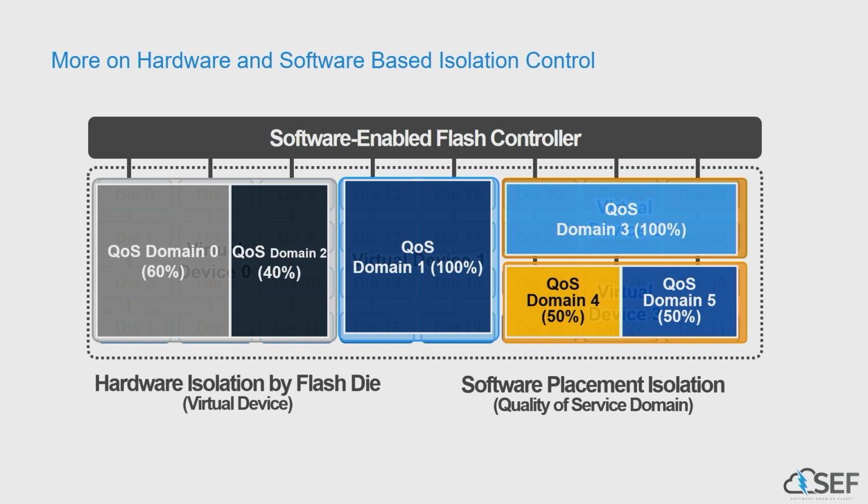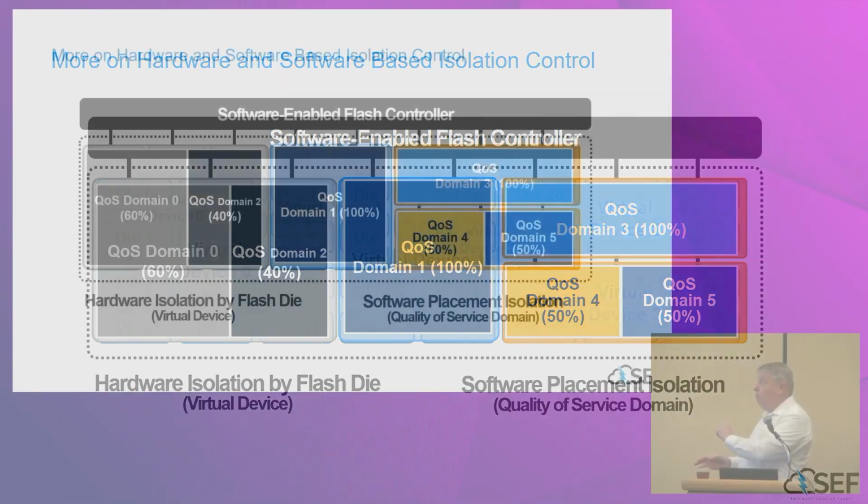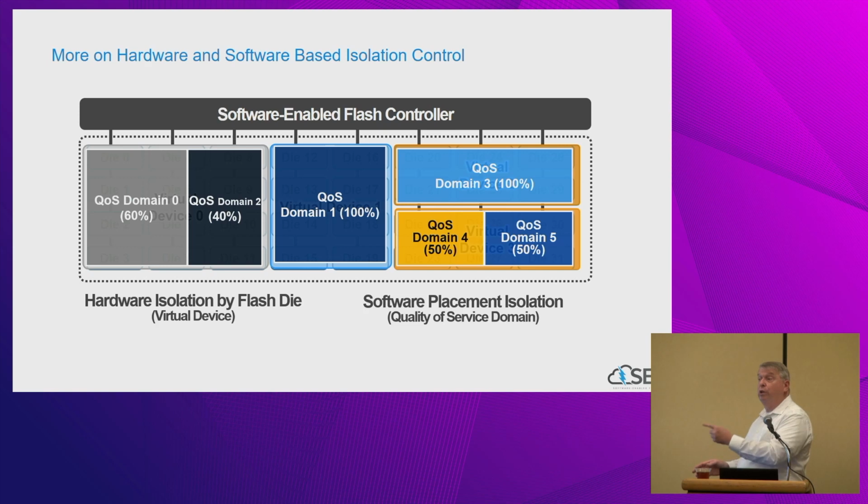It pulls it from the pool available to both QoS domain 4 and 5, but once it's been given to QoS domain 4, only 4 can use it. Once you've actually said, I'm done with that data, and release it, that super block will go back to the pool available to both QoS domain 4 and 5 until it's reassigned for new data. And then it's isolated again to whoever the QoS domain user is.